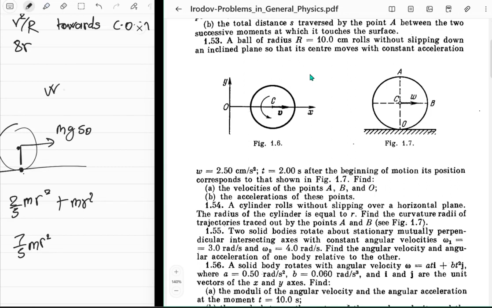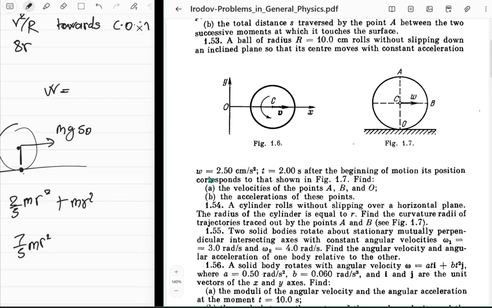So you can say acceleration, which they use w for. Oh wait, they already told us the acceleration. They didn't give us the mass, and we don't even need the mass actually. Why did they give us the acceleration?